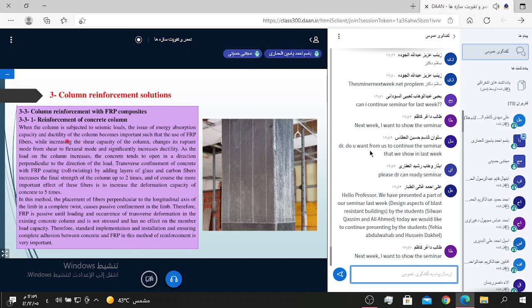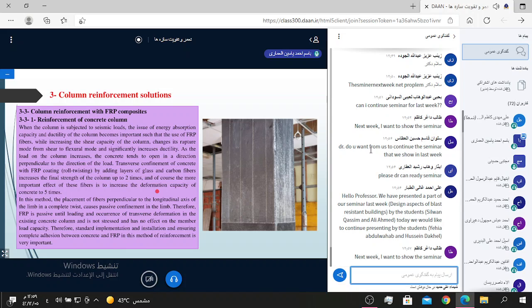When the column is subject to seismic loads, the energy absorption capacity and ductility of the column become important, such that the use of FRP fiber increases the shear capacity of the column, changes its failure mode from shear mode, and significantly increases as the load on the column increases.